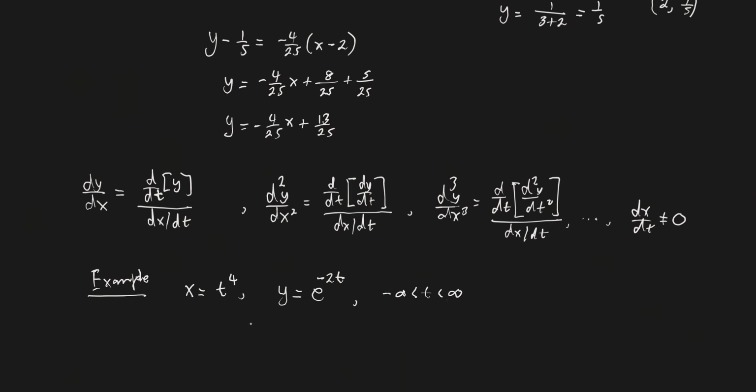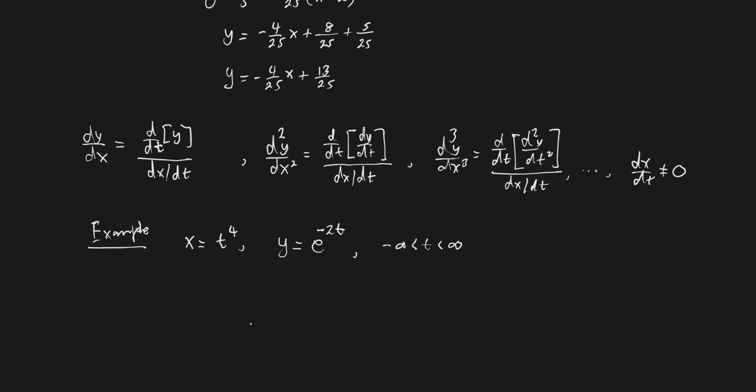Okay, so let's go through, and I'm going to write down dx/dt, which is 4t cubed, and then dy/dt is negative 2e to the negative 2t.